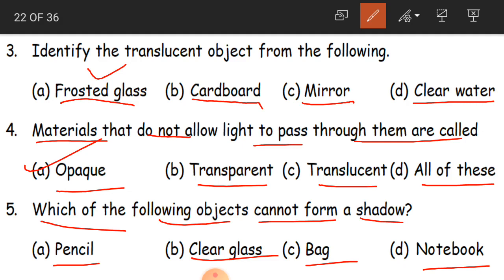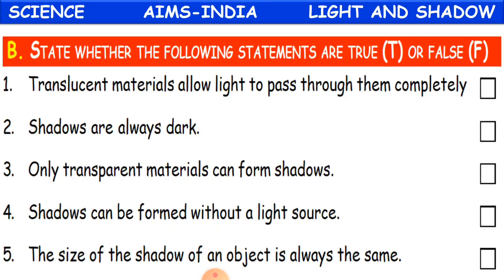So the one which cannot form a shadow must be a transparent object. So which one is a transparent object? It is clear glass. B is the correct answer. Clear, children? Now, exercise B is: state whether the following statements are true or false.